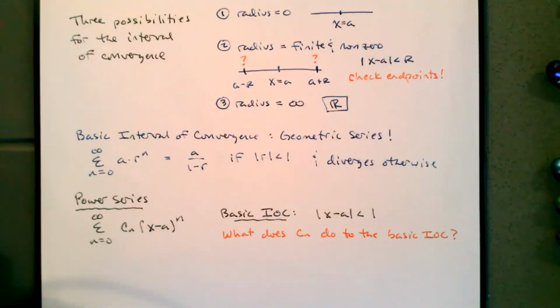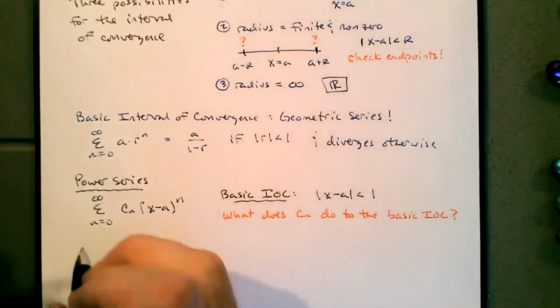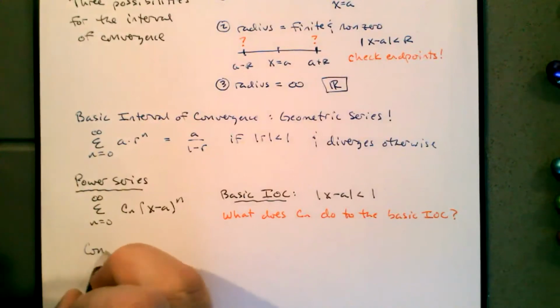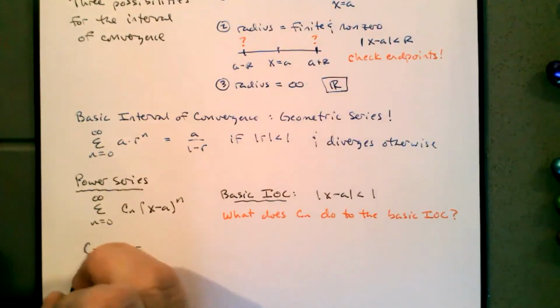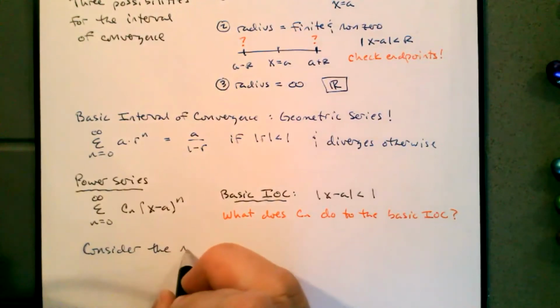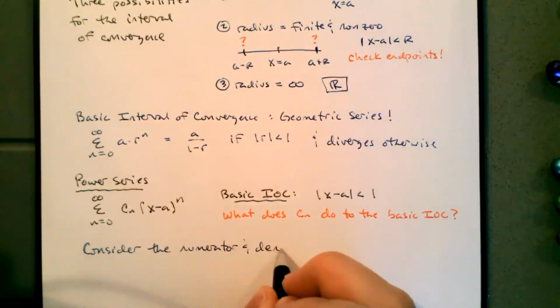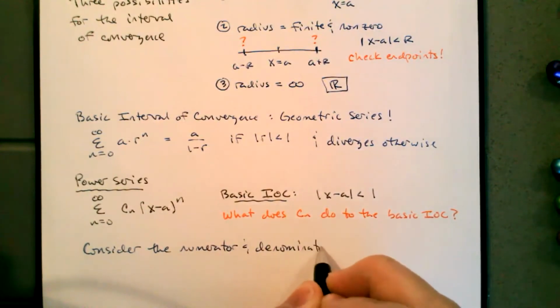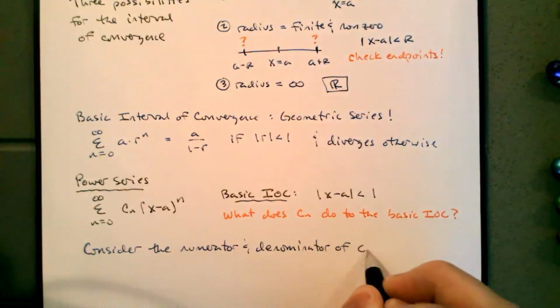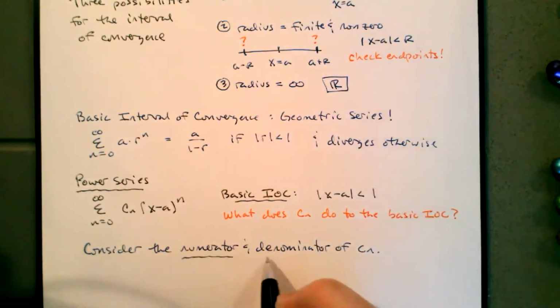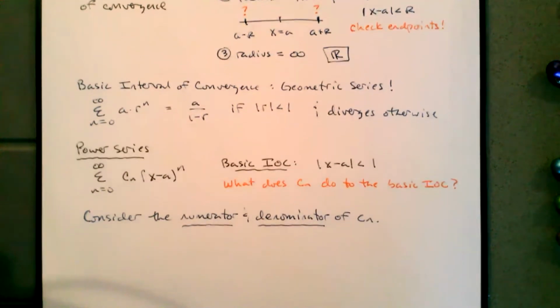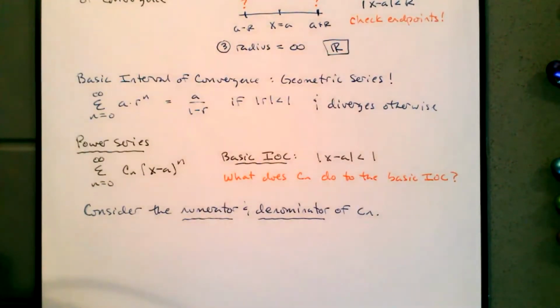We're also going to look at Cn and think about what's going on in its numerator and the denominator. So we're going to consider the numerator and the denominator of Cn. And then we have the following basic ideas.